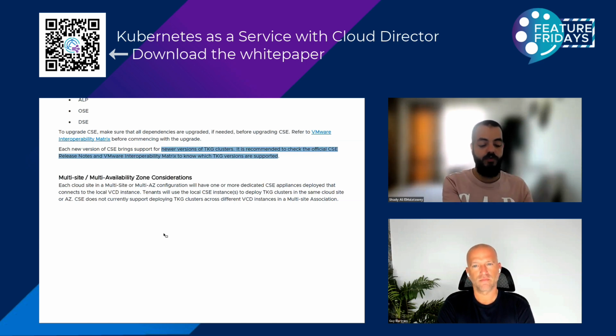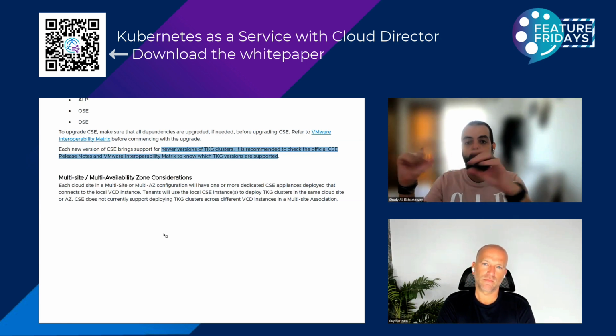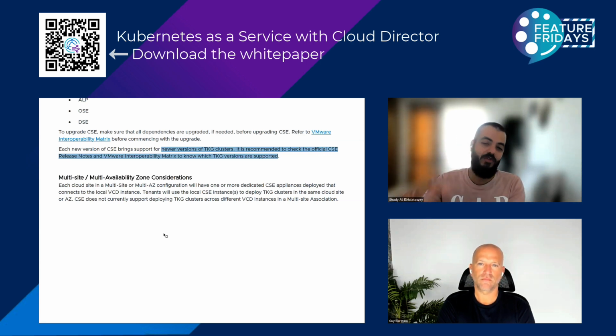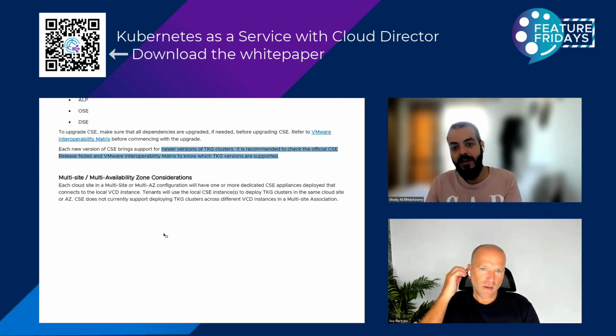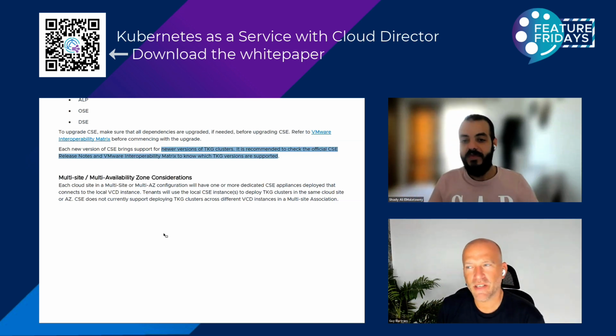Now, if you have two VCD instances in a multi-site association, with org association, and the user can access the plugins in site A and site B, the plugin will not be unified under one plugin where you can select which CSE server to deploy to. You will have two separate plugins. It's a non-optimal user experience, but I think it's actually okay.